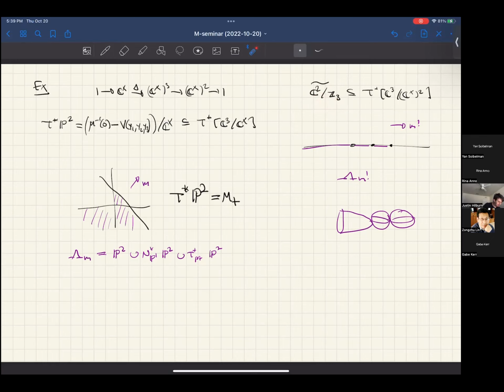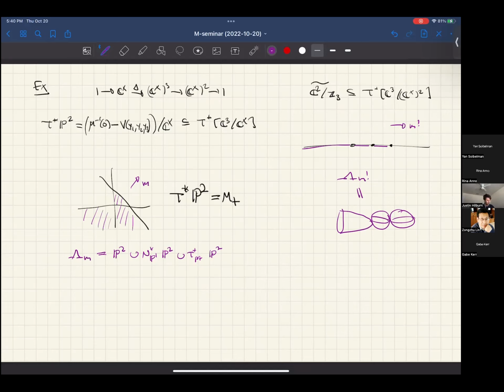So the mirror has a skeleton which looks like two P1s glued together, which are the normal things you would see in this Crepant resolution, the fibers over the singular point. And then there's just some extra C fiber sticking off. So that's the form of this Lagrangian. Okay, so this is the simplest example of a mirror pair.